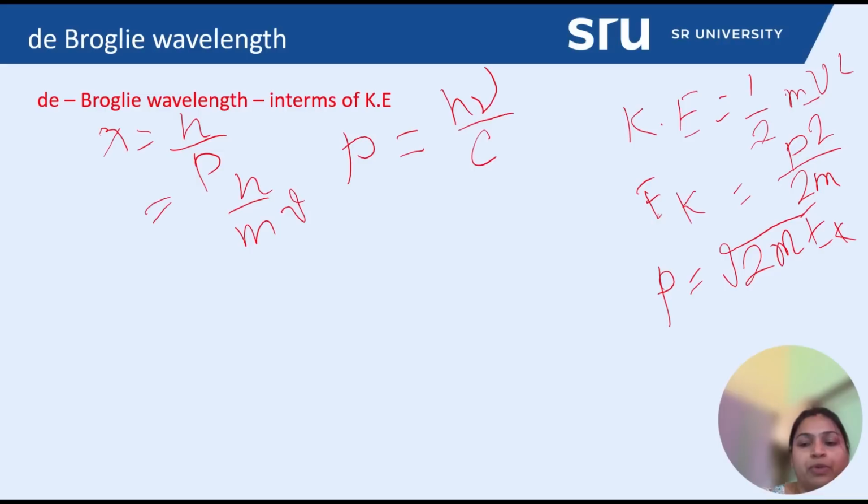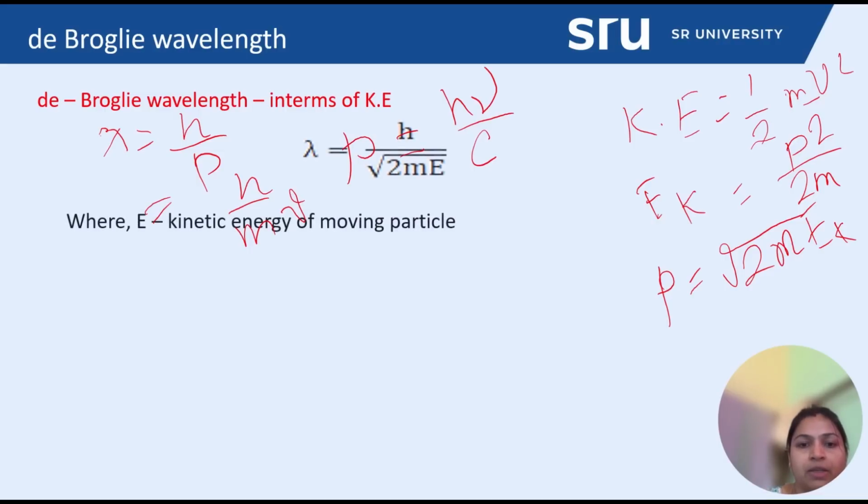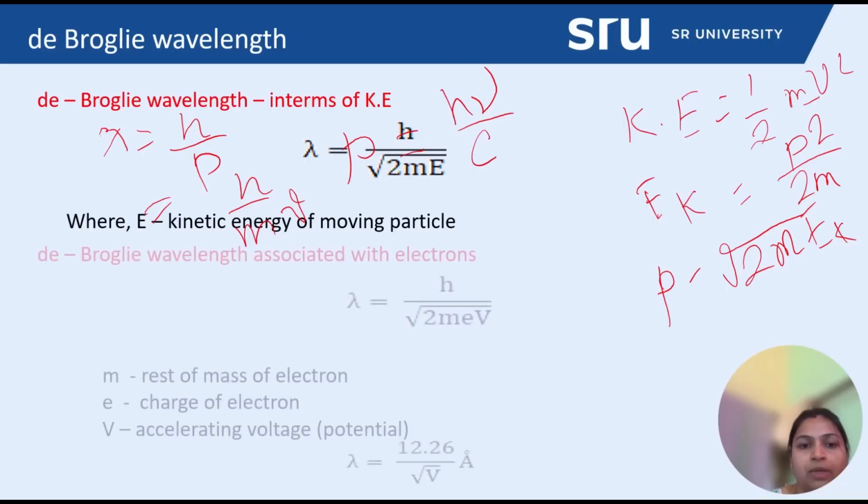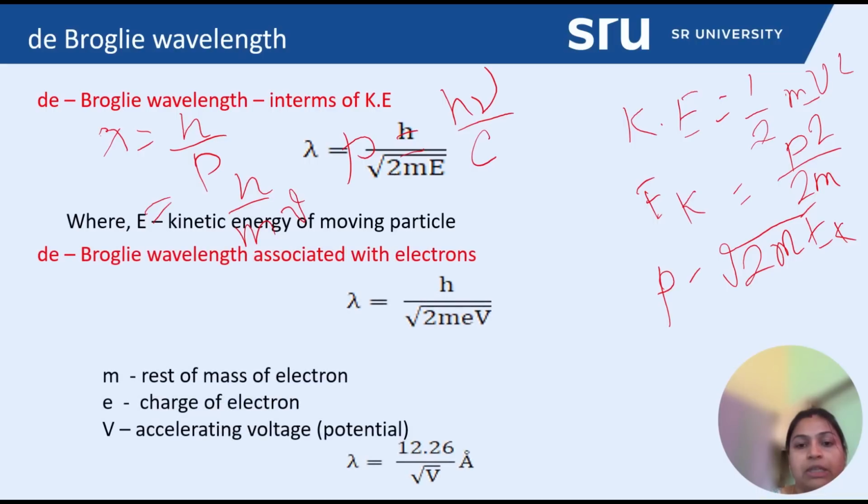If we put this in, we get lambda is equal to h by root over twice m E_k, where E_k is the kinetic energy of the moving particle. Now if we want to calculate the de Broglie wavelength associated with an electron, lambda is equal to h by root over twice m e V, where m is the rest mass of the electron, e is the charge of the electron, and capital V is the accelerating voltage or potential.